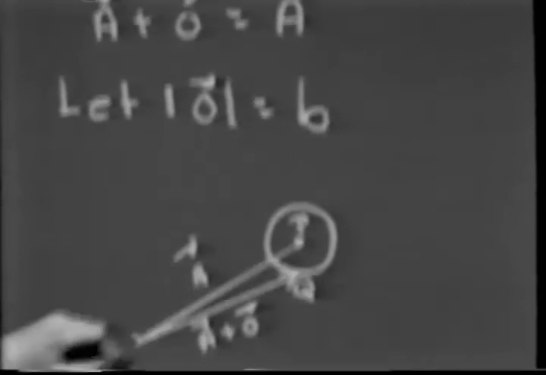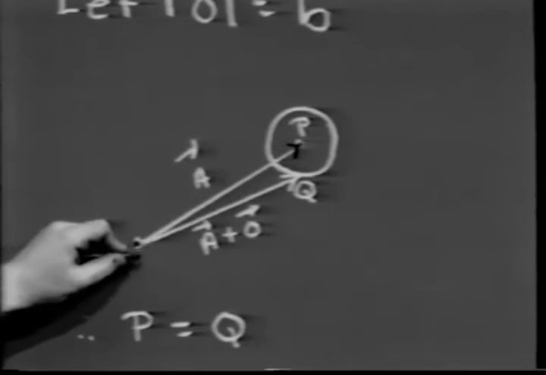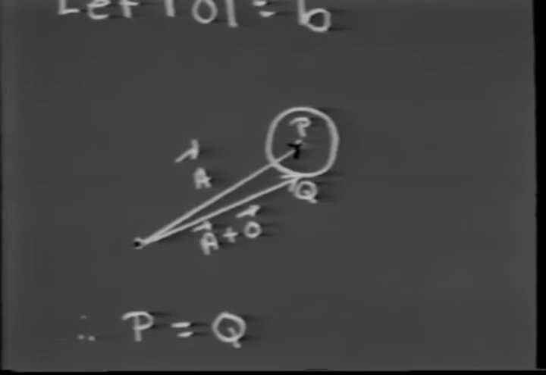I start with the vector a, and it originates here and terminates at the point P. Now, how do I add on the 0 vector?